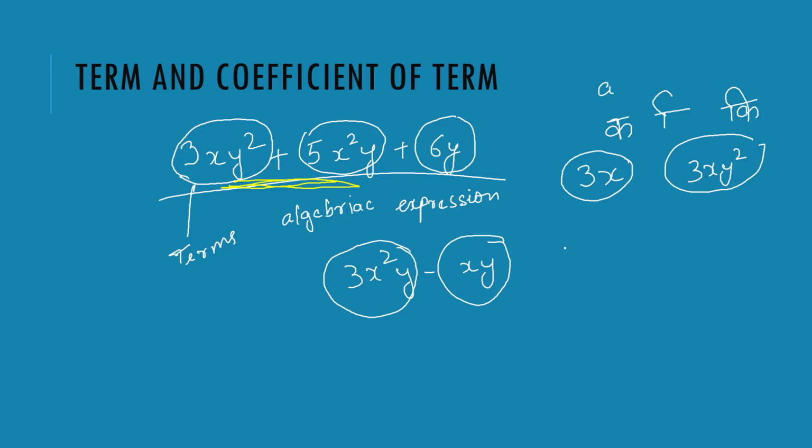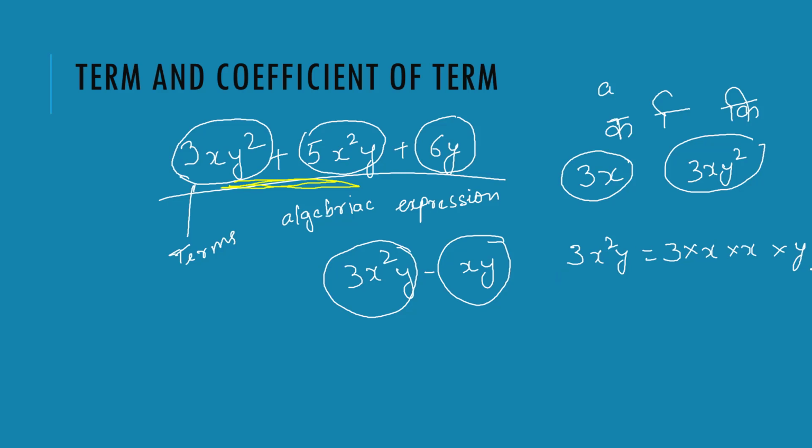Now if I see 3x square y, it is made up of 3 into x into y. Now if I ask you what is the coefficient of 3x square y? I have no idea. Okay, so you have seen these are the parts.